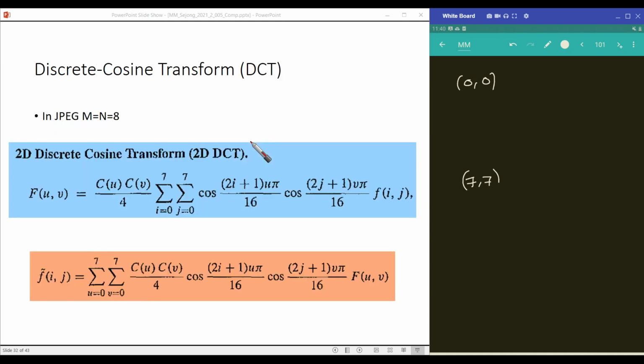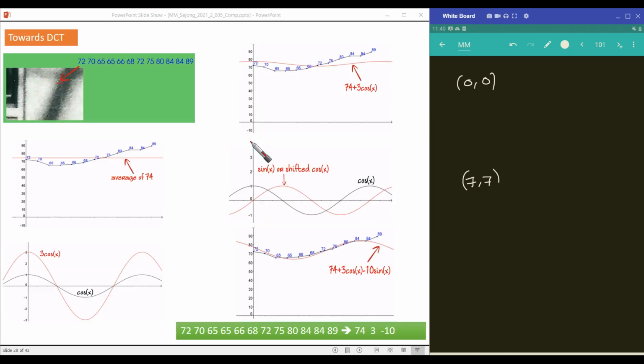If you remember, the very first one we had was the average value, and the other terms came with cosine and sine. Why is the very first value the average value? Because the very first value is 0, and cos 0 is 1, so there is no sine or cosine.